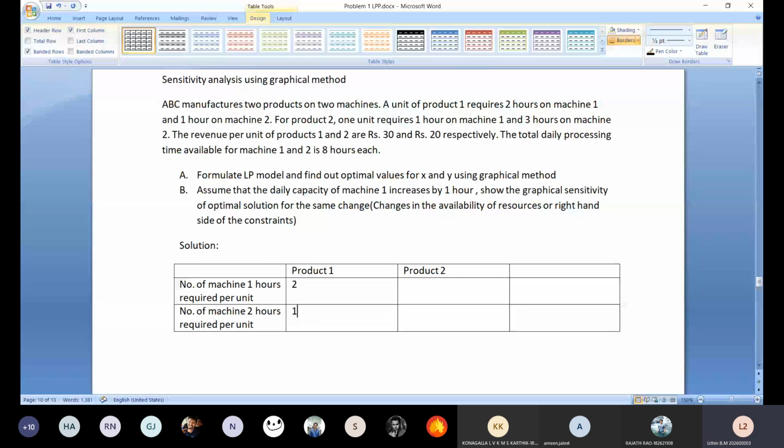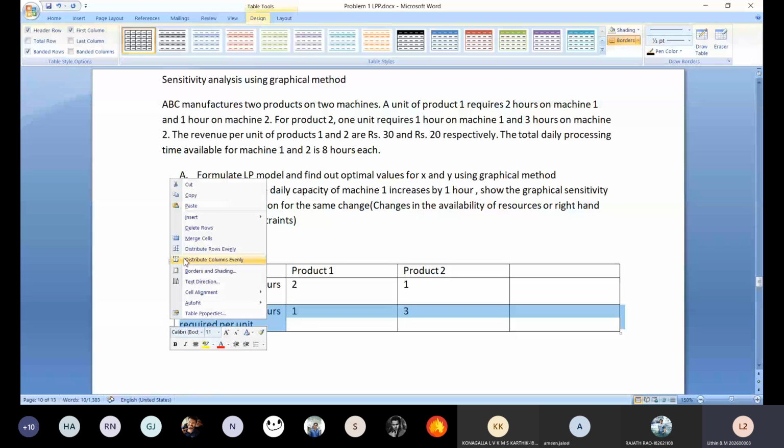So to produce product 1, we need 2 hours from machine 1 and 1 hour from machine 2. Then for producing 1 unit of product 2, it requires 1 hour on machine 1 and 3 hours on machine 2. So let me write it as 3. Now we have also been given the profit component, right? So let me add one more row.